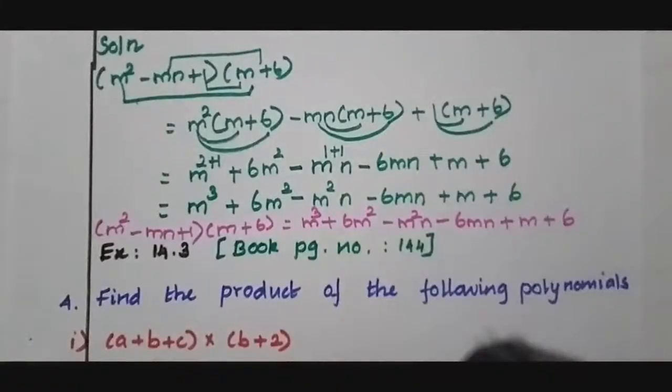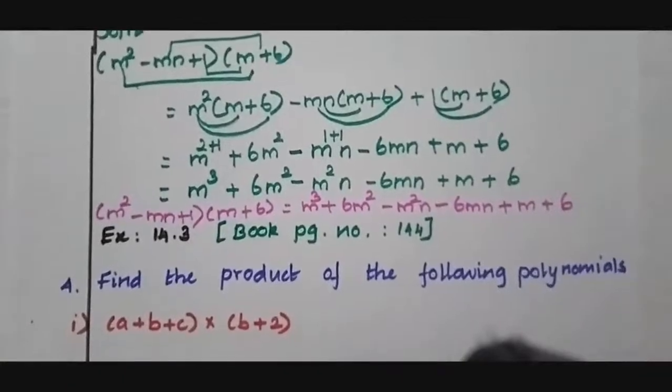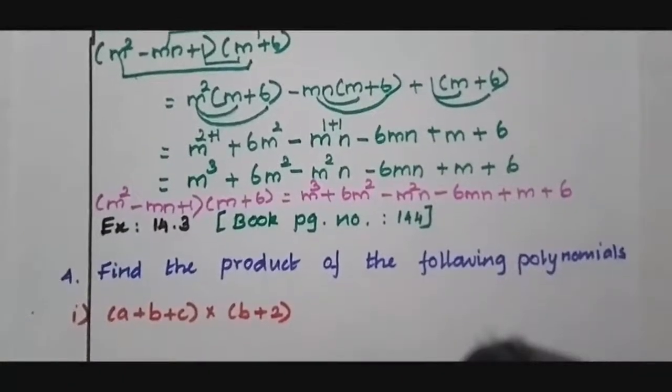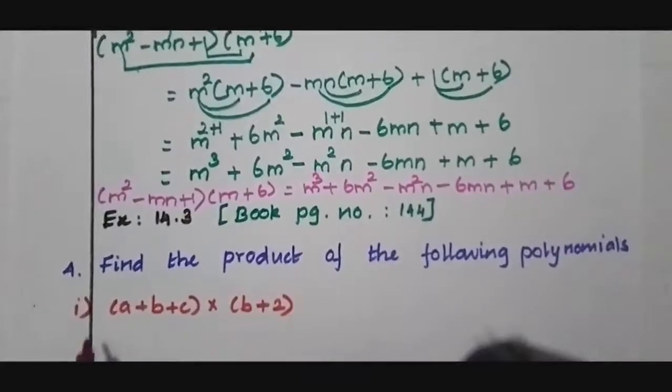Now exercise 14.3 in your book, page number 144, fourth one, find the product of the following polynomials. The first question, a plus b plus c into b plus 2.